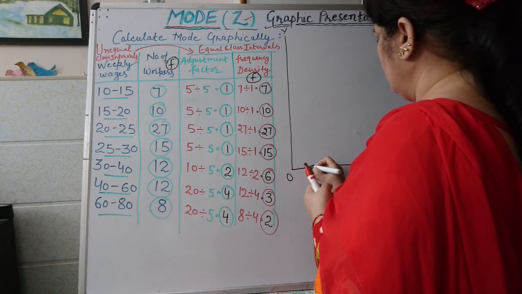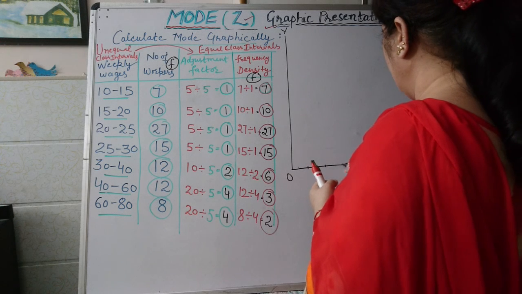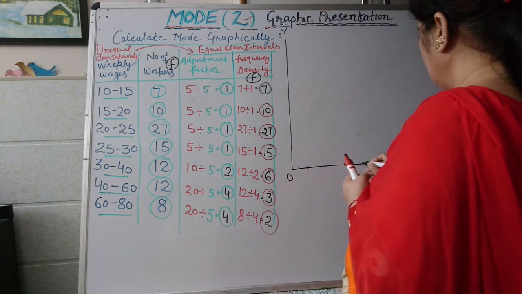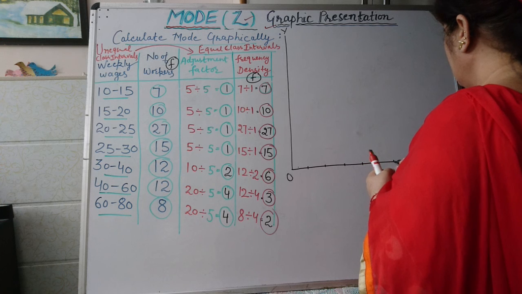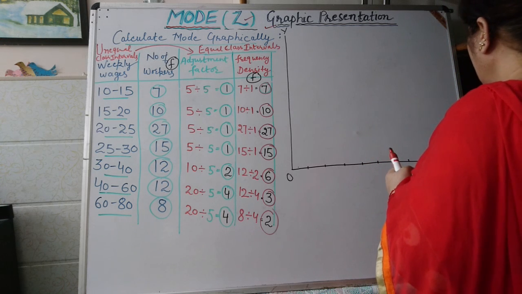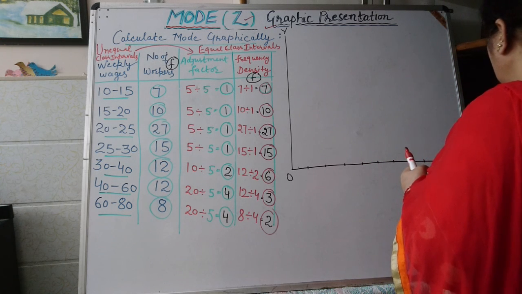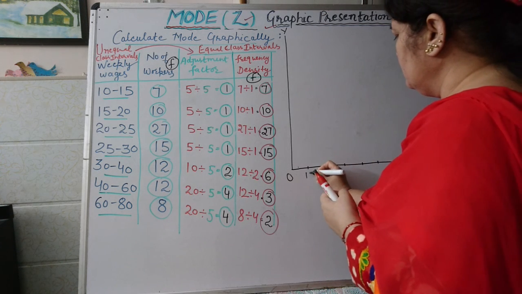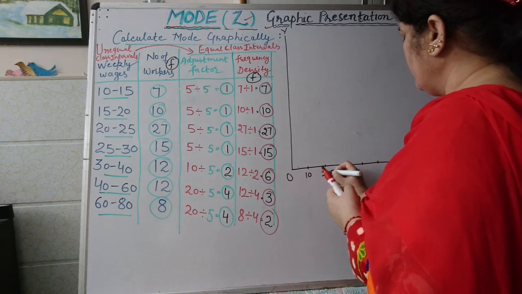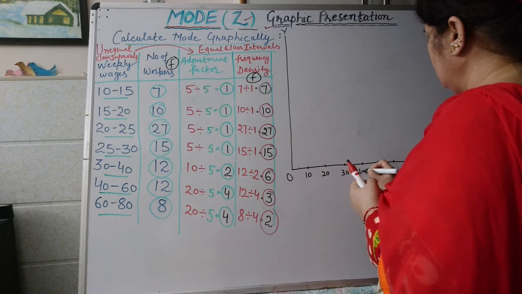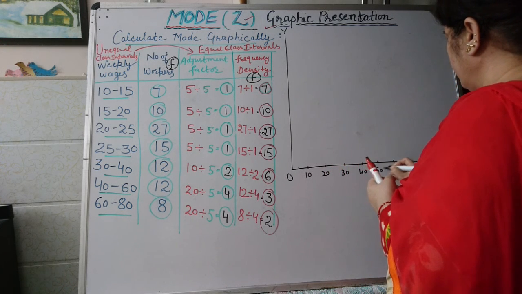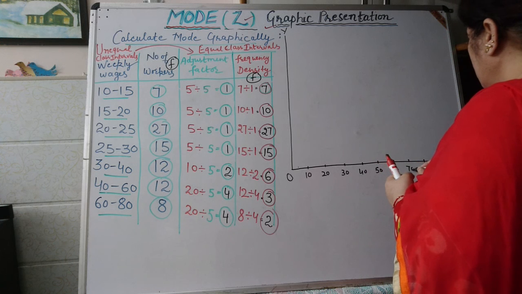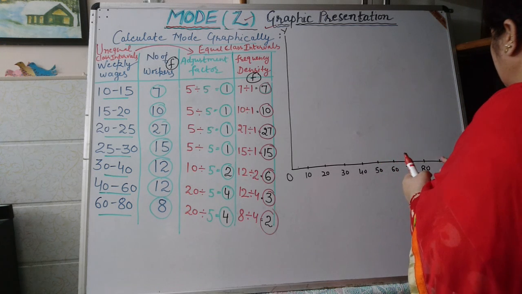First of all, 10, 20, 30, 40, 50, 60, 70, 80. Up to 80 is sufficient.